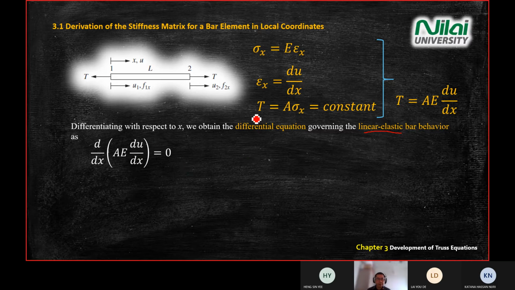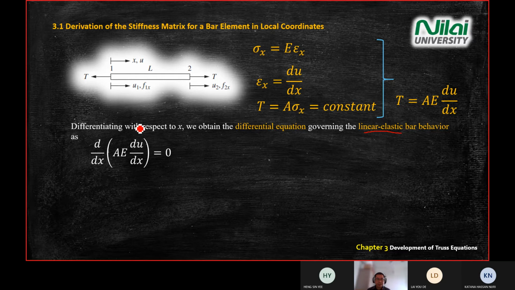So you combine the three equations and you get force. You differentiate the change of force in x direction, which is constant. You put it equal to 0, then we get a differential equation.